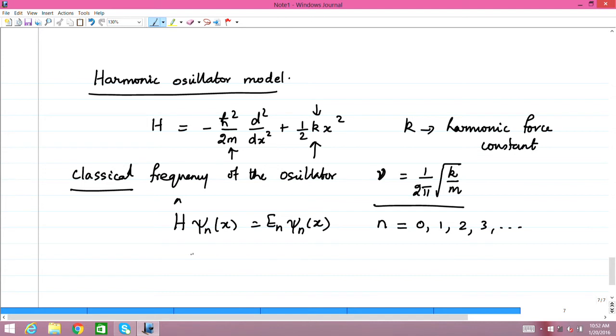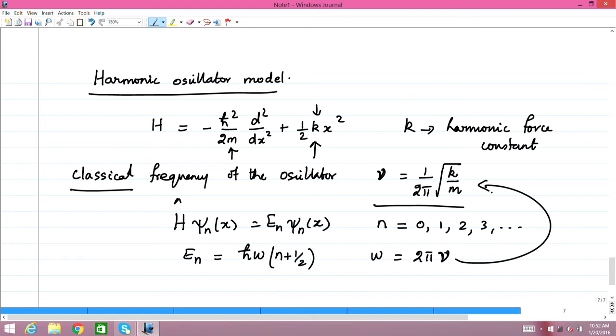The solutions turn out to be for E n given by h bar omega times n plus a half, and omega is 2 pi times nu, the same nu that you have here.